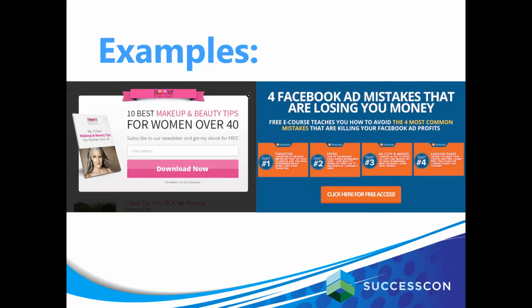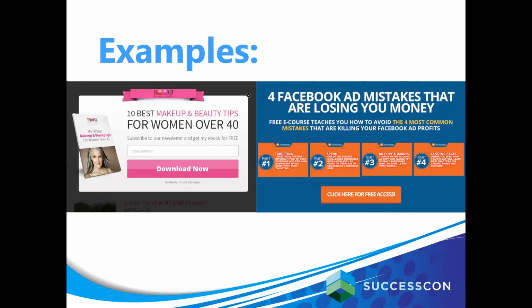The example on the right: four Facebook ad mistakes that are losing you money. Losing you money is, to me, an instant grab of my attention as a business owner. Obviously I want to make money, but if I can save money in any way, that's really, really important to all of us. That grabs my attention as well.